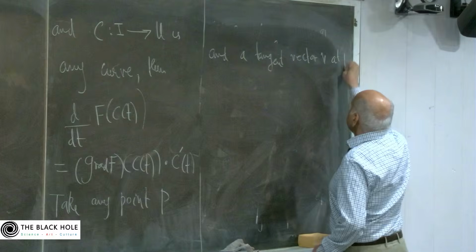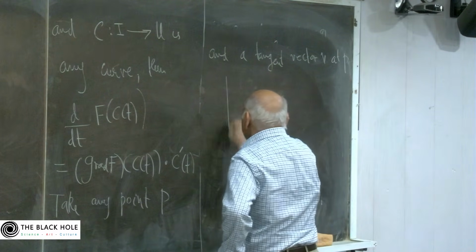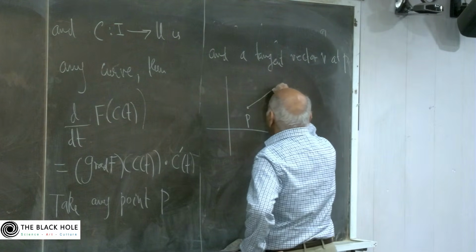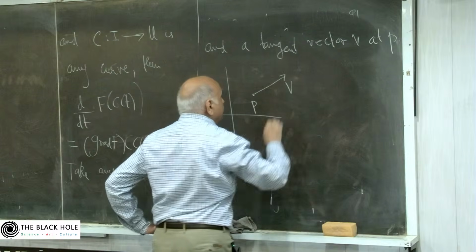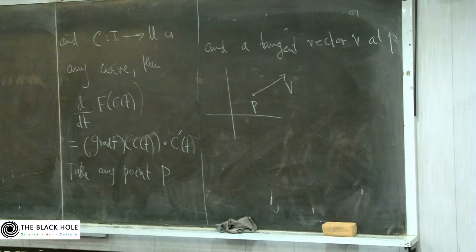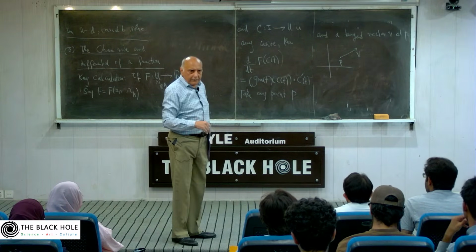So here is P and here is your vector V. So what's the most obvious curve you can think about? It's just P plus t times V, right?